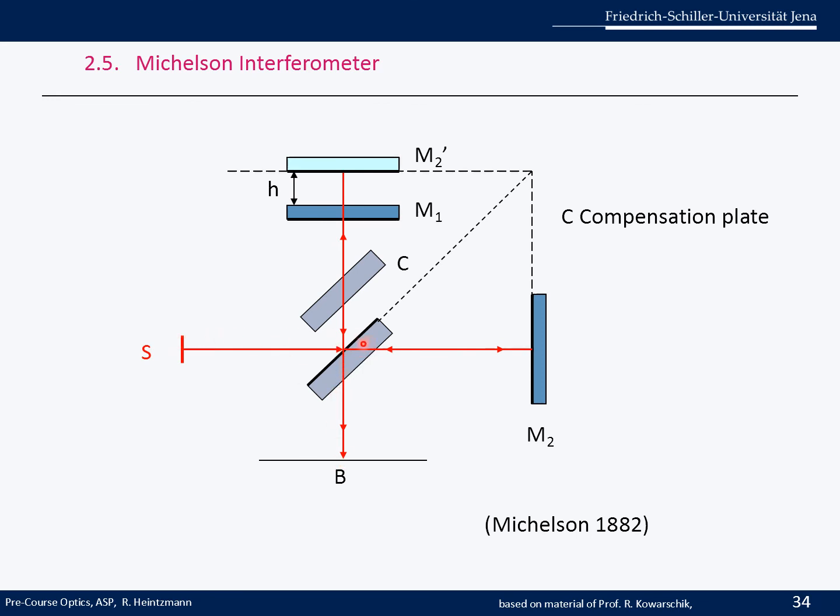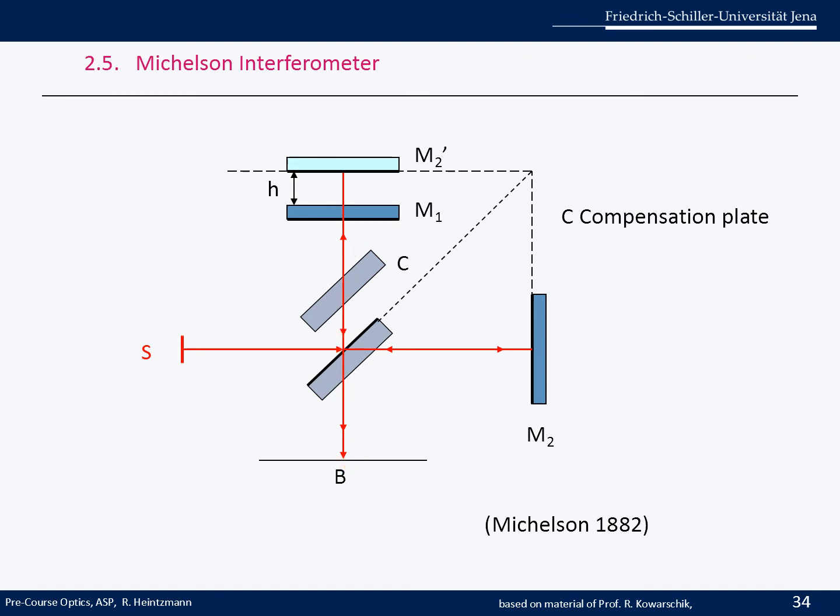Whereas this one, if we didn't have anything here, would just go once through this material. Therefore, we need an equivalently thick slab of glass here. This way, the beam goes through glass one, two, three times this way, and one, two, three times this way, and then it matches.